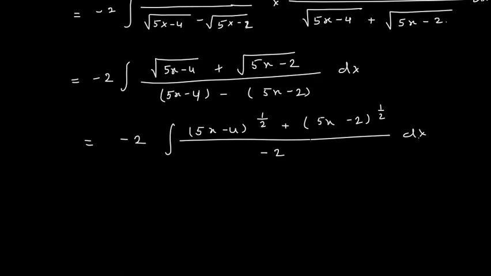Now this minus 2 and this minus 2 we can cancel, so here it is integration of 5x minus 4 the whole power half, plus 5x minus 2 the whole power half.